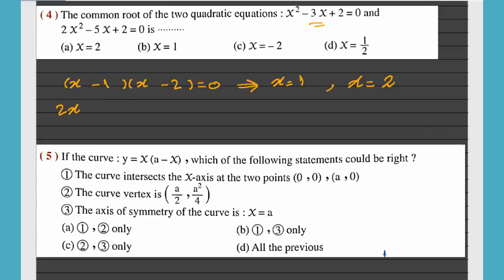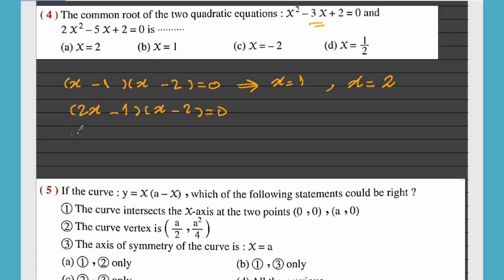Okay, let us factorize it first into two factors. 2x squared equals 2x multiply x, and 2 equals 1 multiply 2, and both negative. Negative 1 multiply negative 2 equals positive 2.